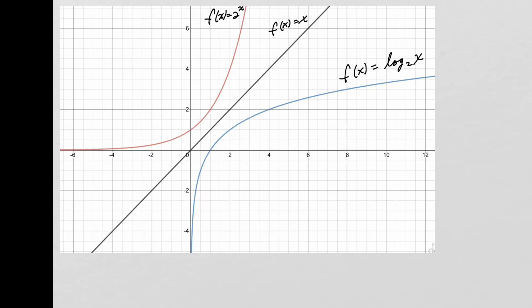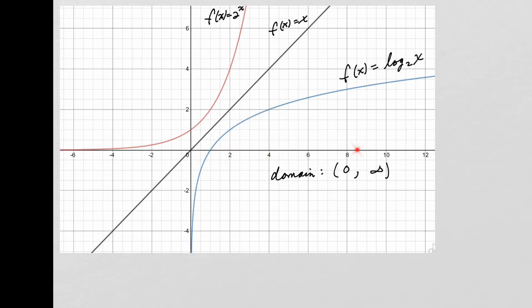The other thing to notice is that, remember, the domain and range are going to flip values. So we just said for the log function, the domain was (0, infinity), not including 0. Those are all the possible input values, all the possible x's, but they can't be negative.